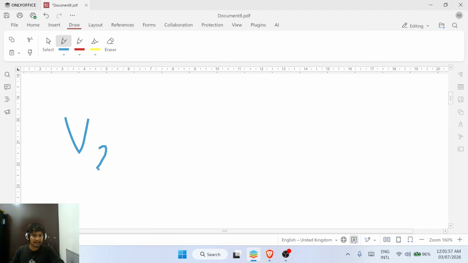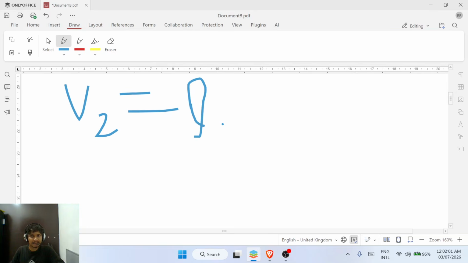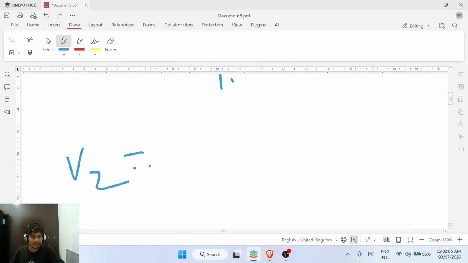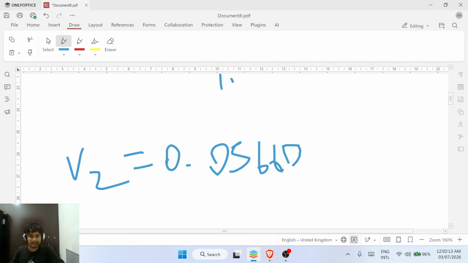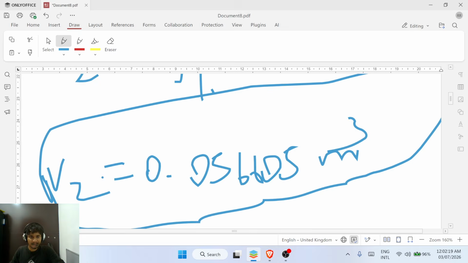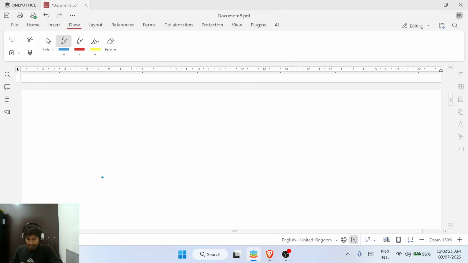Therefore, the final answer will be V2 is equal to 0.0566 meter cube. That is V2, the final volume of the gas. Oh, the final volume of the container. All are the same, we already studied in advanced level.